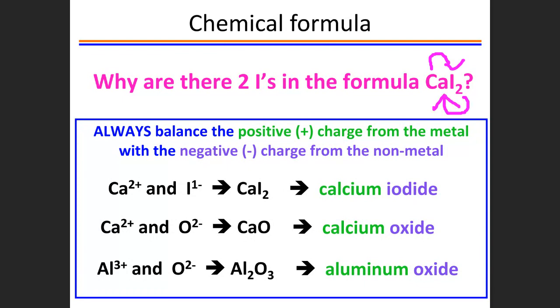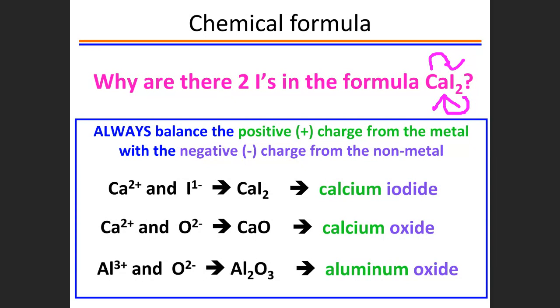Even if you know just one of the two, the positive or negative charge, you can find the other. The other rule is to balance the positive and negative charge. Remember, the positive and negative charge should always be equal to zero when any compound is formed. So here calcium has 2 positive charge and iodine has 1 negative charge.